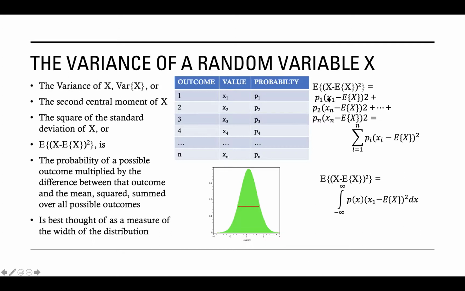It should read p1 times x1 minus the expectation of x, that quantity squared, plus p2 times that quantity squared, through pn times xn minus the expectation of x, that quantity squared, which we can write as a summation, pi times xi minus the expectation, squared. Or for a continuous random variable, that same thing as an integral over the space. Questions?